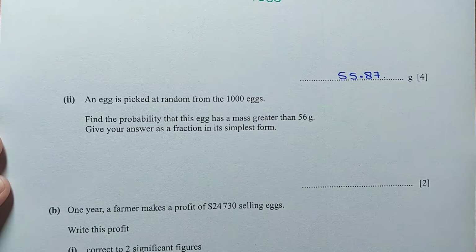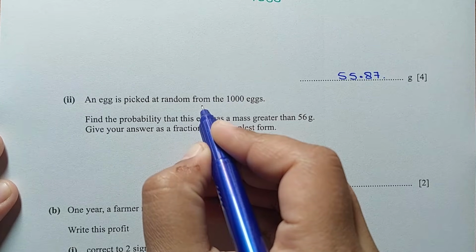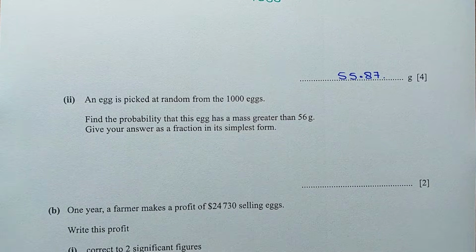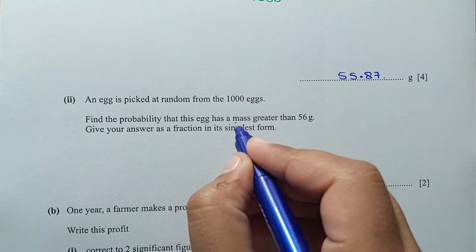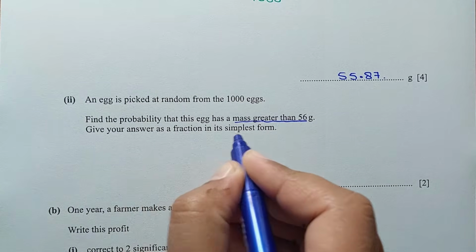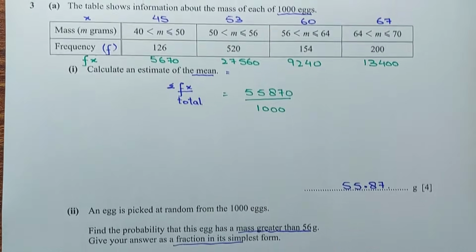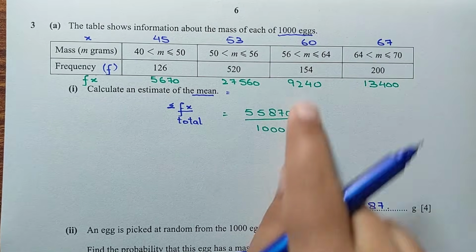Now for the second part, an egg is picked at random from the 1000 eggs, right? Find the probability that this egg has a mass greater than 57 grams. Give your answer as a fraction in its simplest form, right? Greater than 56 grams, more than 56.